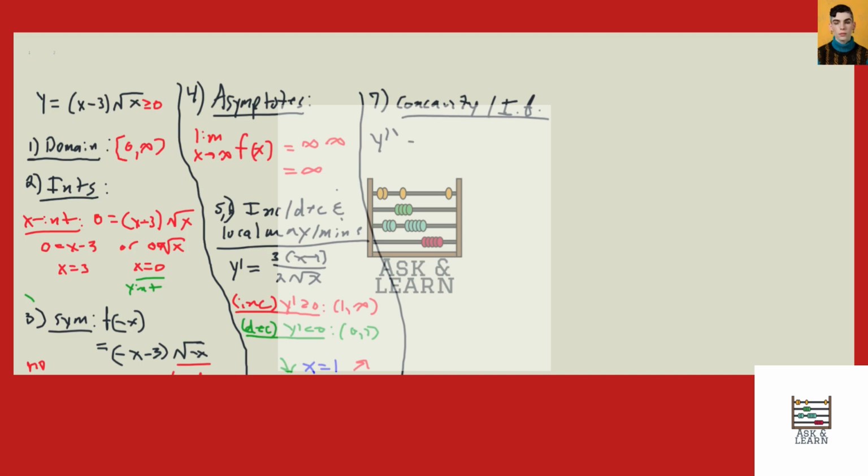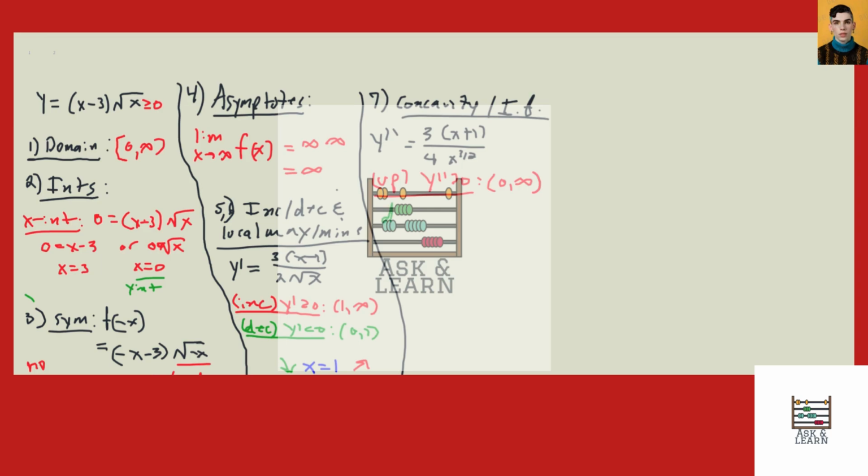All right, so we had y double prime equal to (3x plus 1) over 4x to the 3/2. And we will find that this function is concave up when y double prime is strictly larger than 0. And this just happens to be our entire domain.